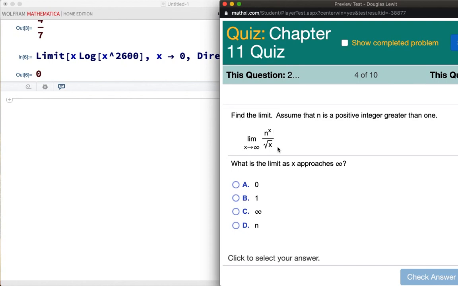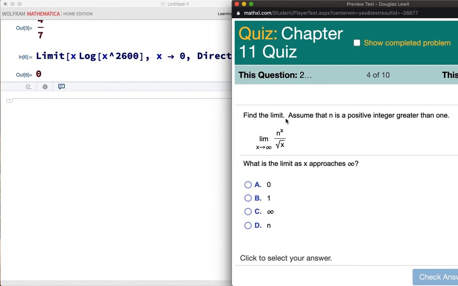I don't even think we really need to use Mathematica for this, because just think about it. N to the power x, unless n is 1, but we're assuming here that n is some positive integer greater than 1. 2 to the power x, 3 to the power x, 10 to the power x. So this particular function grows extremely fast. The square root of x does not. This function does increase, but it increases rather slowly.